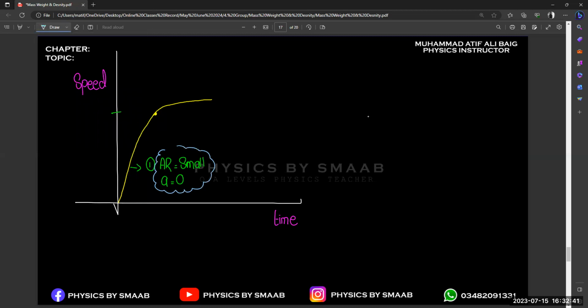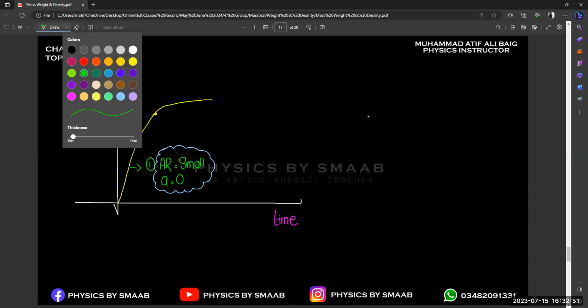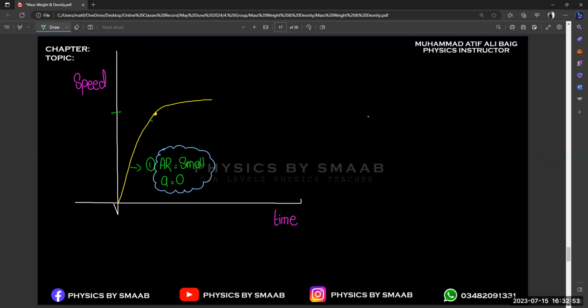And after some time, we observe a straight line horizontal to the x-axis. Before that, at this slightly curved position, the air resistance is increasing, to balance the weight of an object.